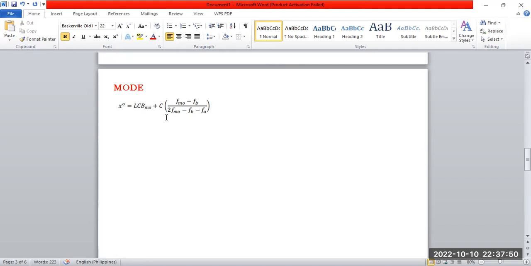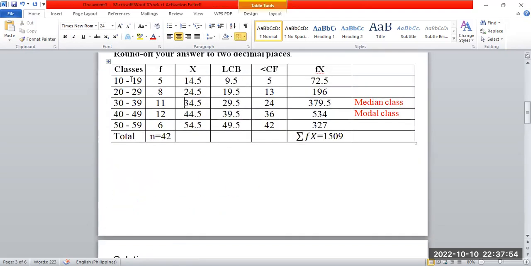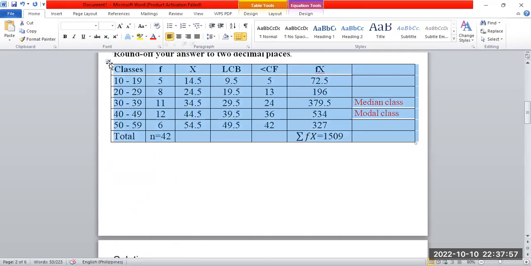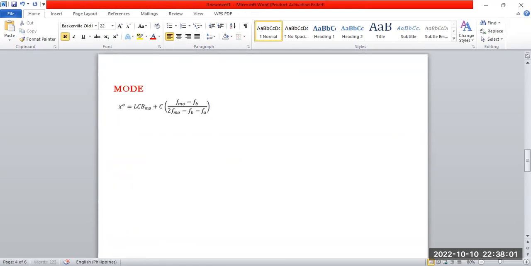So, paano na ba yan? Copy natin yung table para mas madaling mag-refer. So we will be needing the table. Copy, paste natin dito.